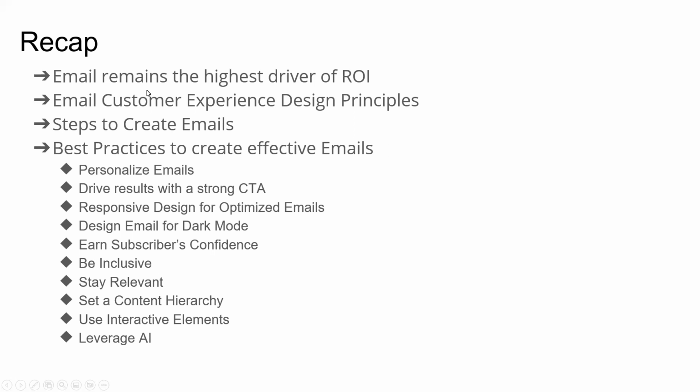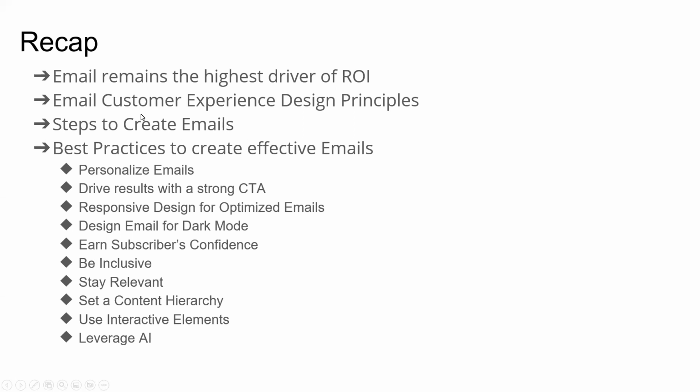So we have seen why email is important and what the design principles are. It should be useful, trustable, relevant, some of the design principles. And we have also seen the different steps, starting with setting the goals, designing, analyzing, evaluating.